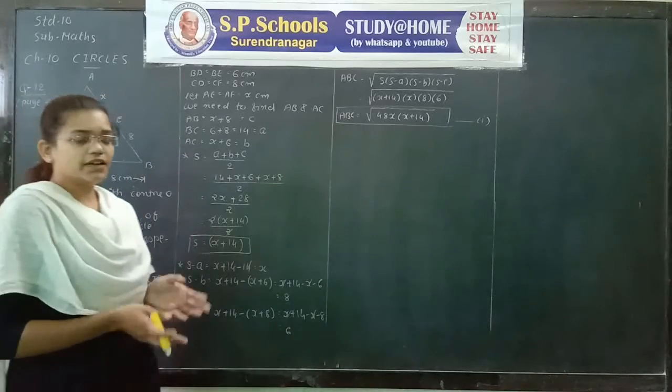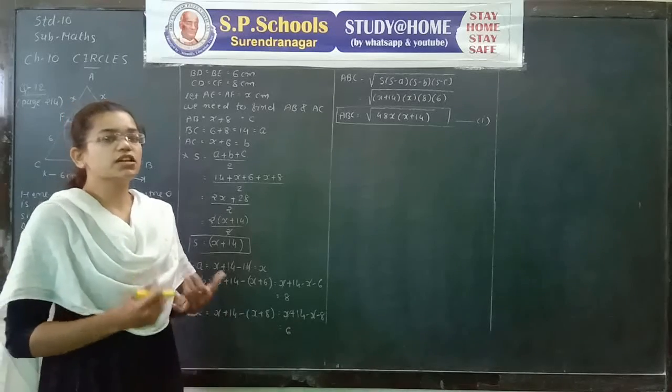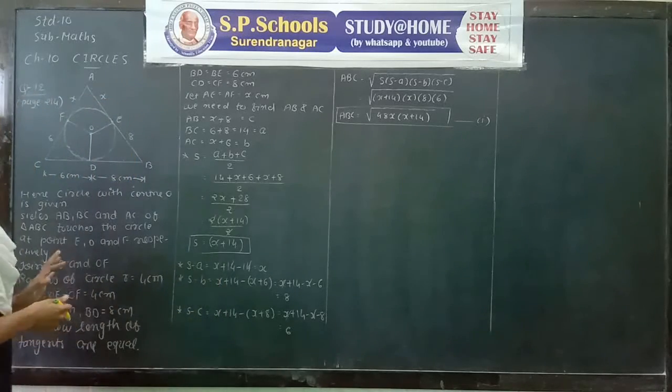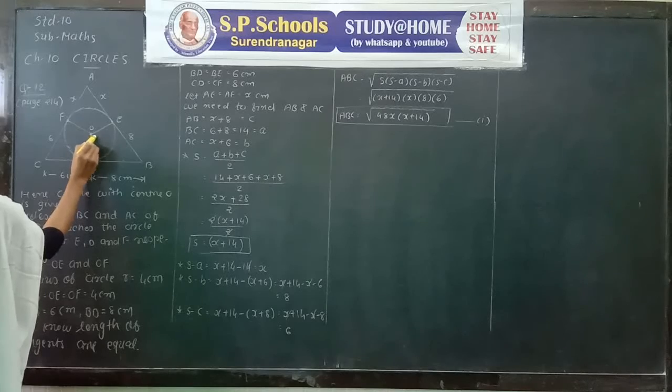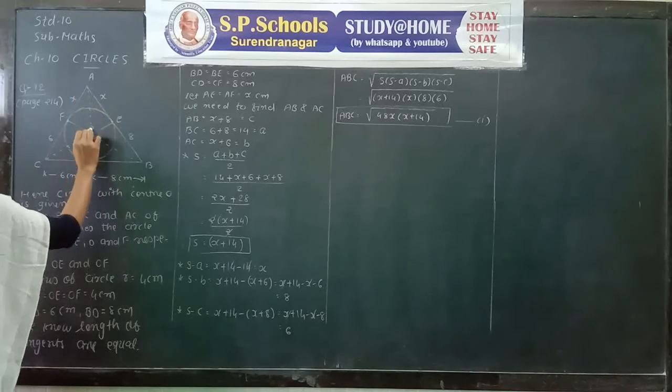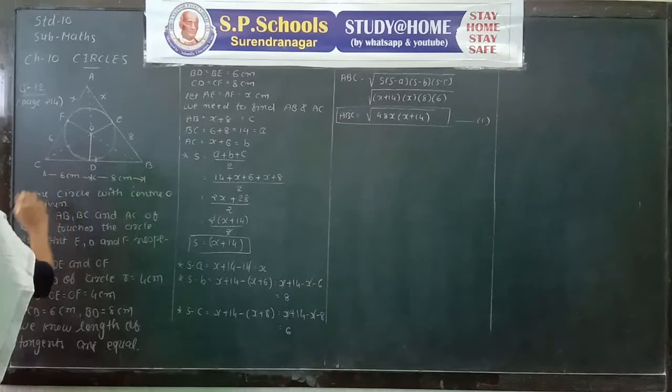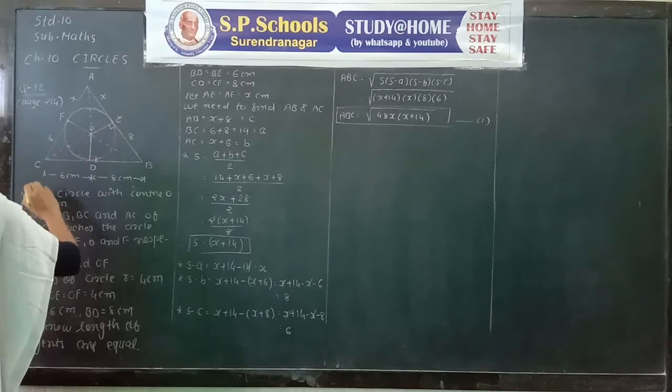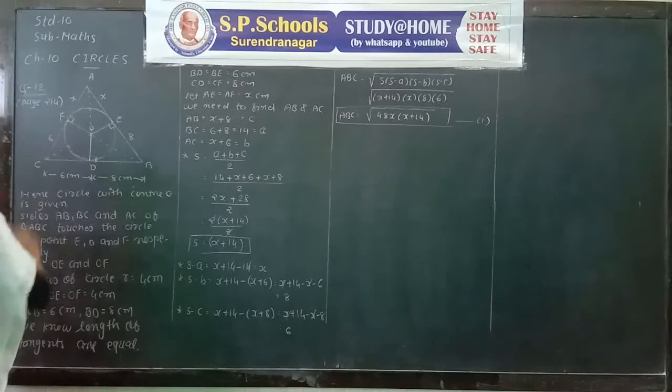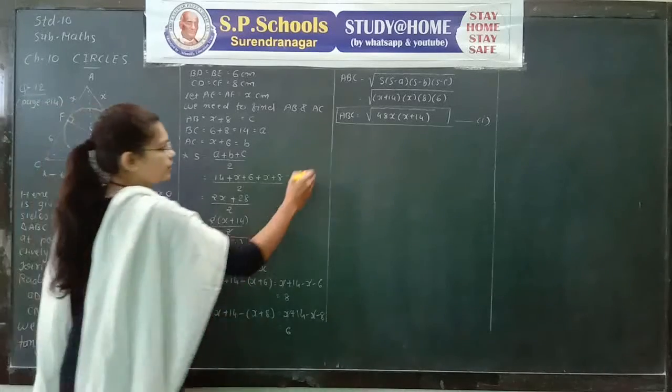Now we need to find the area of triangle ABC using another method, half into base into height. For that, join O to B, O to C and O to A. OD is perpendicular to BC, OE perpendicular to AB and OF perpendicular to AC.